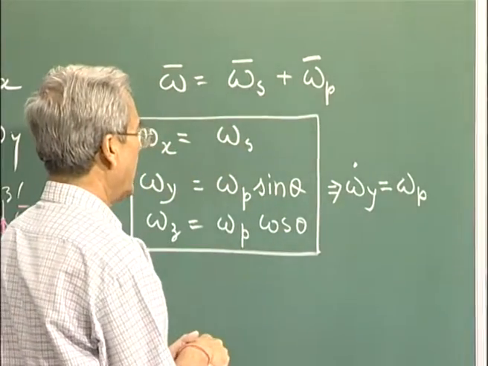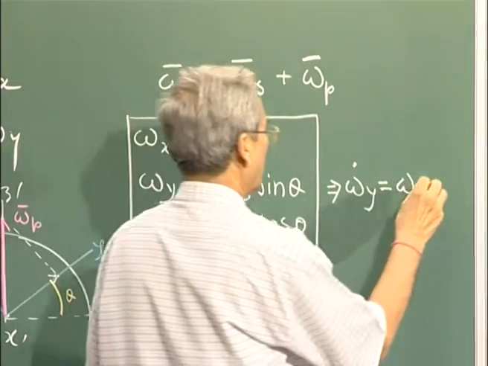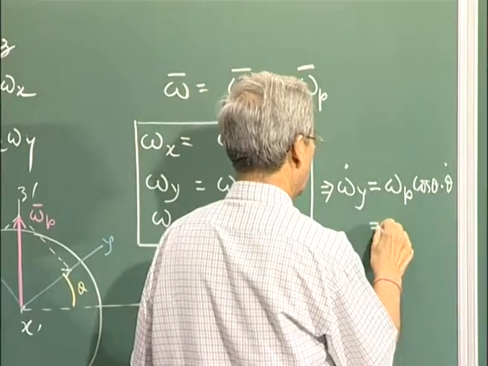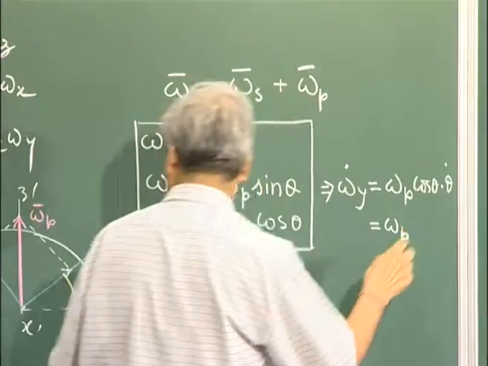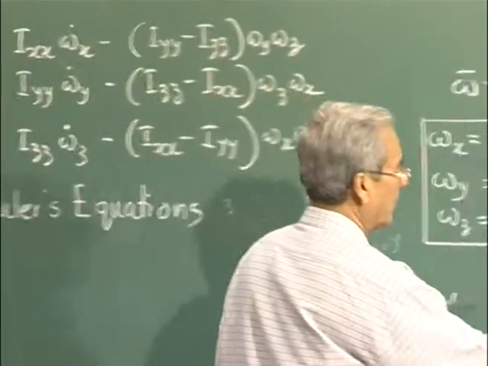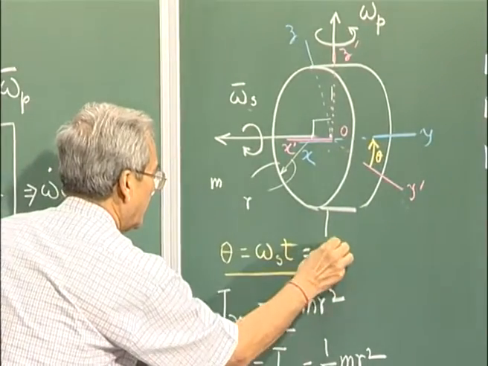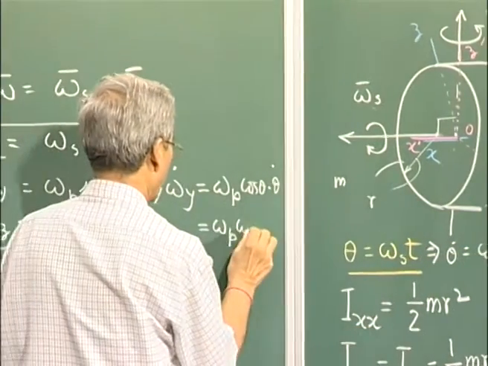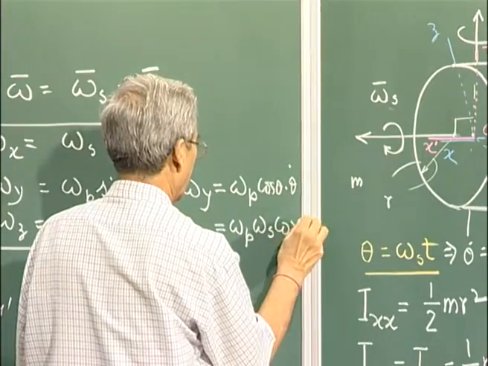Differentiate sin theta with time, it will be cosine theta into theta dot, and that is nothing but omega p, and theta dot from here is equal to omega s. It will be omega p, omega s cosine theta.